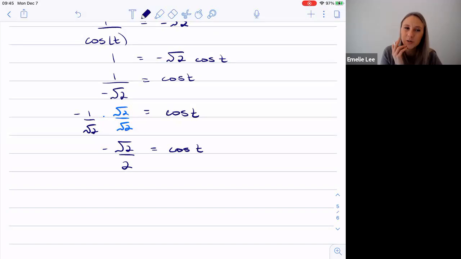So on the unit circle, we need to find the x values, so all the angles that give a terminal point with an x value of negative root 2 over 2. Let's just summarize that here.